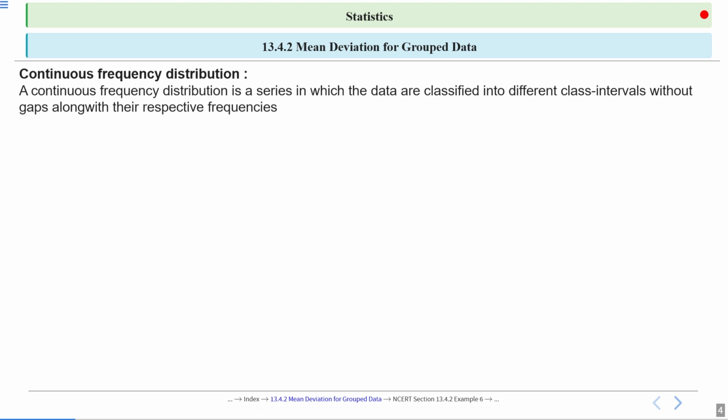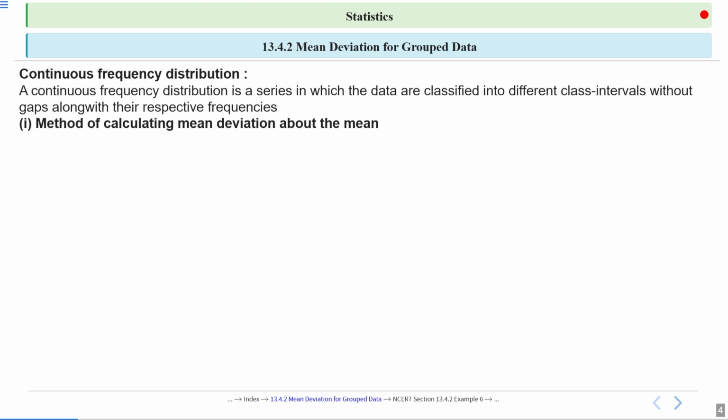Let's start by understanding what a continuous frequency distribution is. In statistics, a continuous frequency distribution is a series in which the data are classified into different class intervals without gaps, along with their respective frequencies.